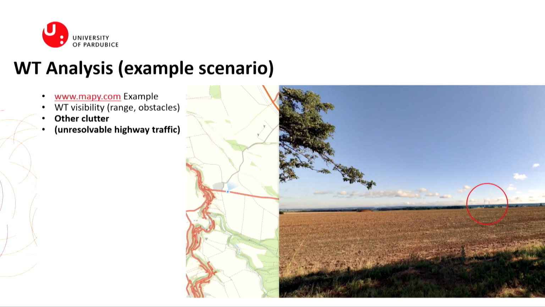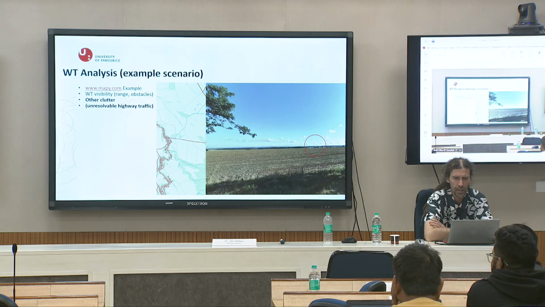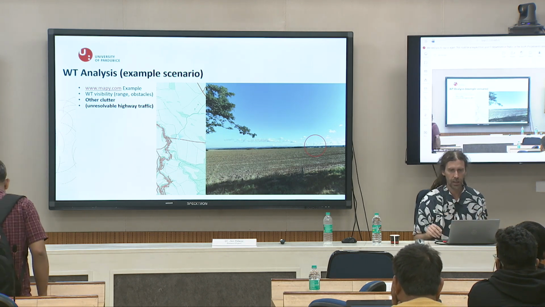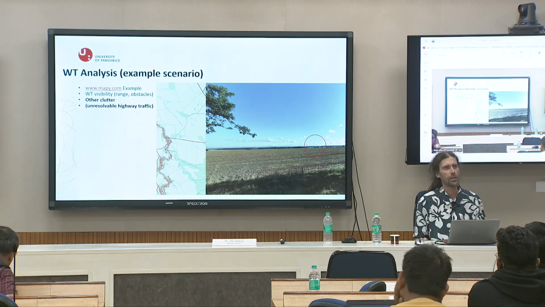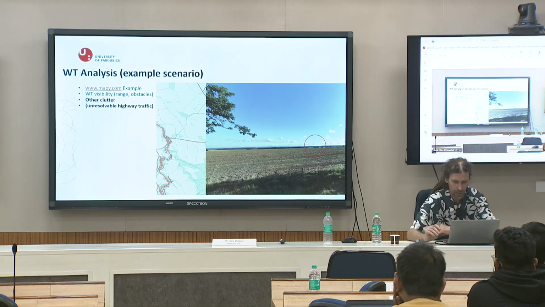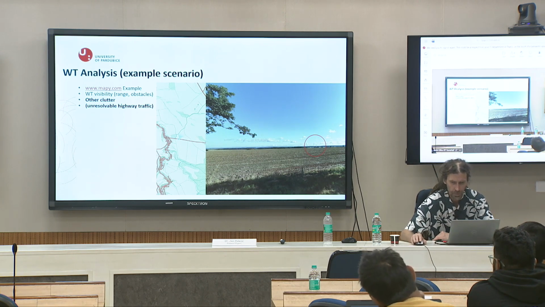So there is an example through mappy.com where two turbines are visible through the panorama, and it looks like an ideal place for measurement, because there is no obstacle and you can see there is only a field, so you will get some reflection from the terrain, but definitely no other environmental obstacle.